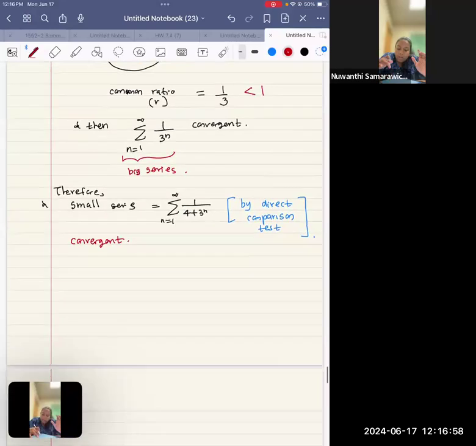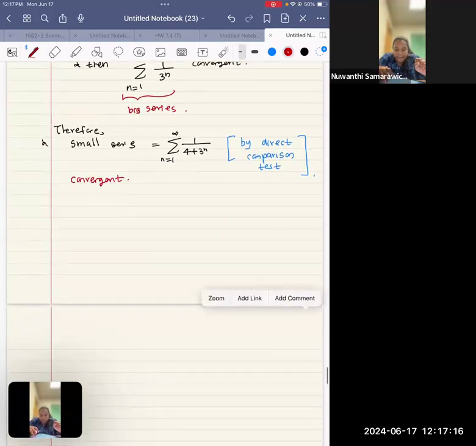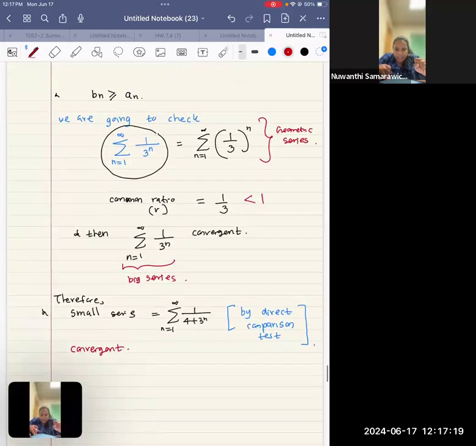Then we compare that series, find whether it is convergent or divergent using a technique that we learned, and then we can say about the other series whether it is convergent or divergent. Any questions? Did y'all understand? Don't worry, we will do more questions, then you will be fine.